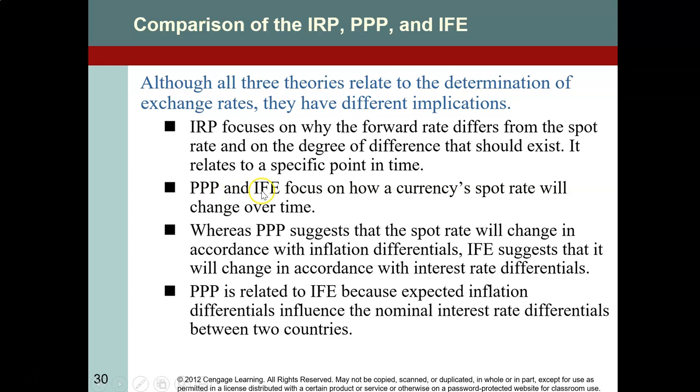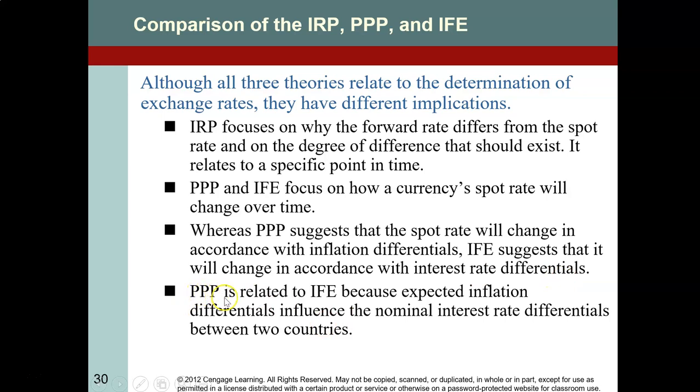Purchasing power parity and international Fisher effect focus on how a currency's spot rate will change over time. Whereas purchasing power parity suggests that the spot rate will change in accordance with inflation differentials, IFE suggests that it will change in accordance with interest rate differentials.